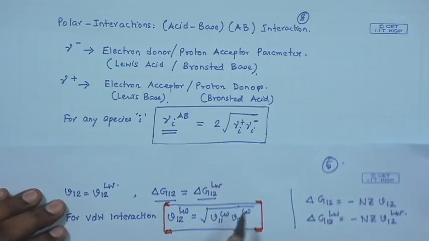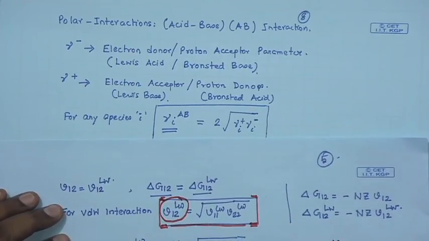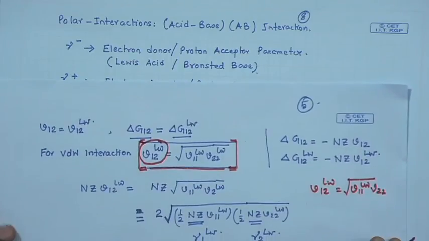We used a mixing rule which looks very similar, but please do not confuse. This is what we have used for van der Waals interaction, and that was a geometric mean of the individual van der Waals interactions.